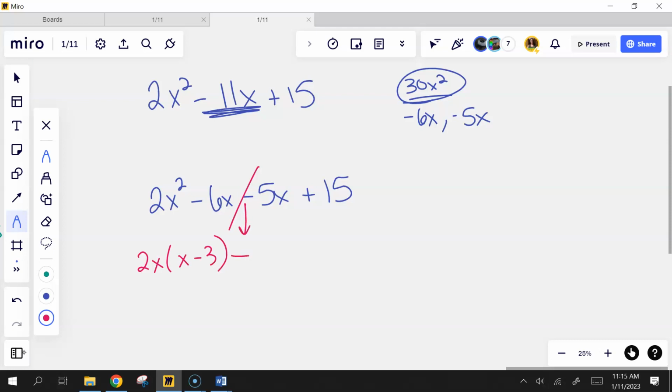So really I'm taking a negative out here whenever I do this. What's the GCF there? 5. But when I take this 5 out, I'm actually taking a negative out. So what's left? x minus 3.